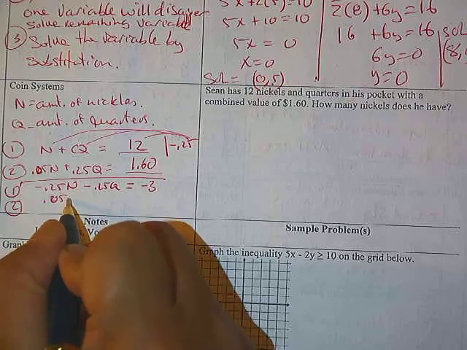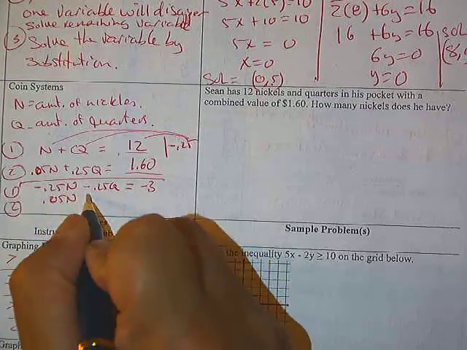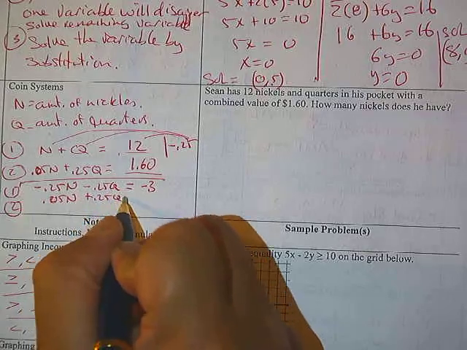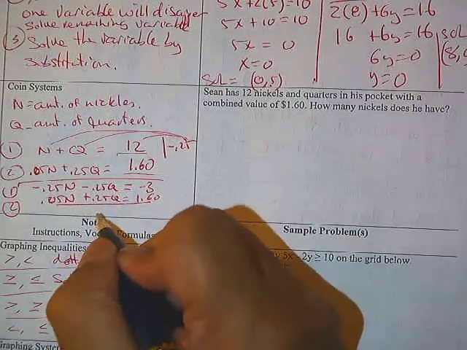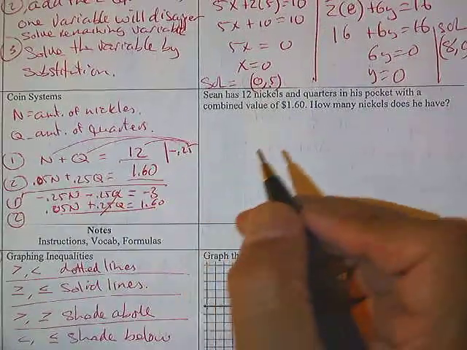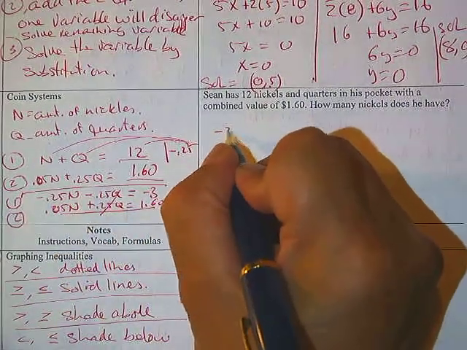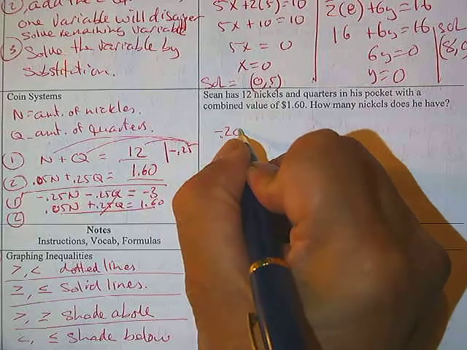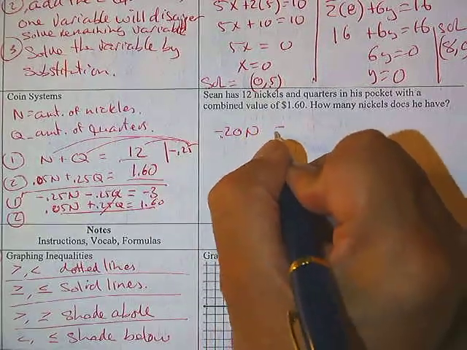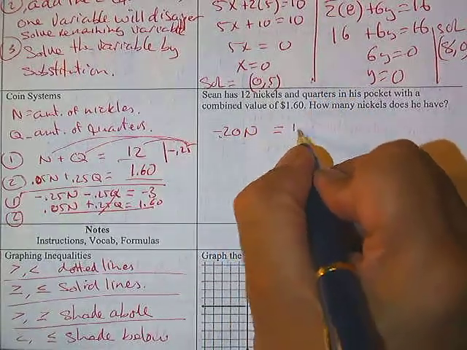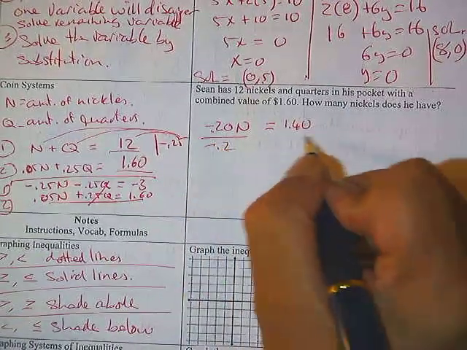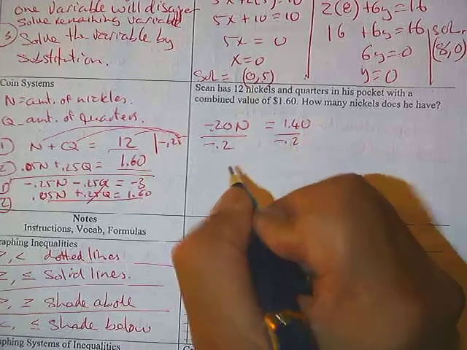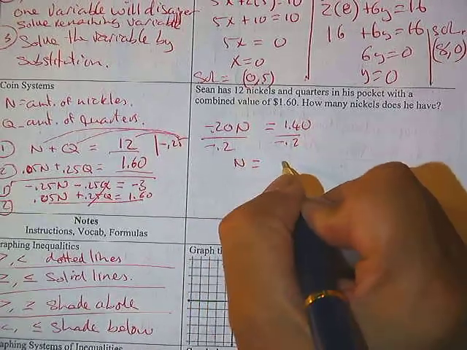The new equation 1 is negative 0.25n minus 0.25q is equal to minus 3. Then you add it to equation 2, which is 0.05n plus 0.25q, and it's equal to 1.60.